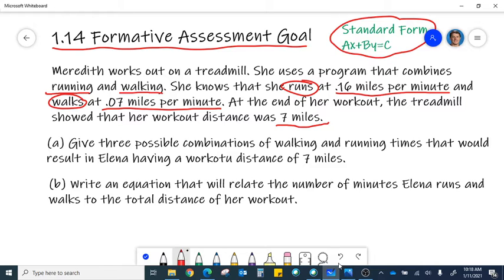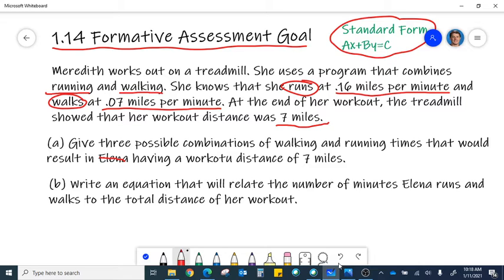All right. So it says give 3 possible combinations of walking and running times that would result in Elena, or not Elena, but in this case it should say Meredith. Elena is the one in your actual formative assessment goal.